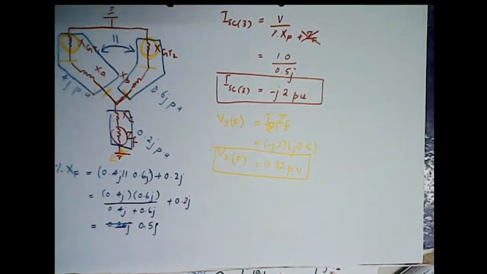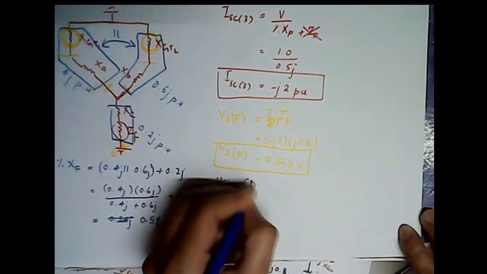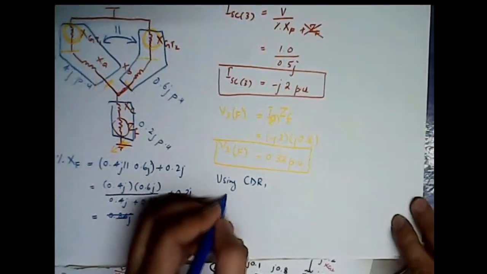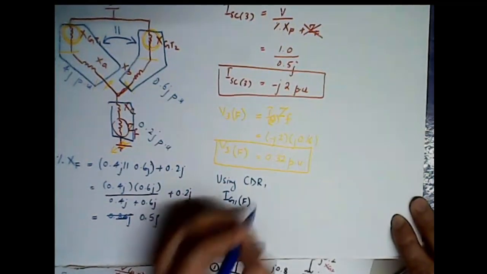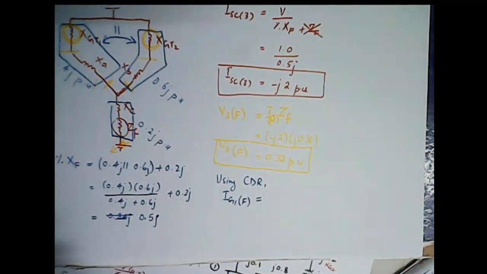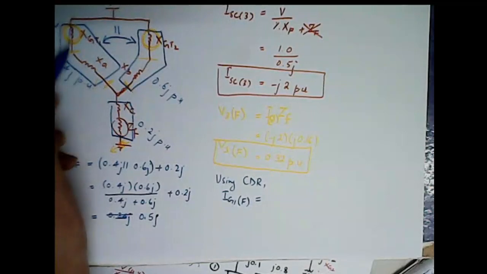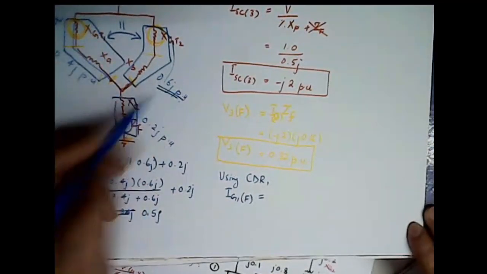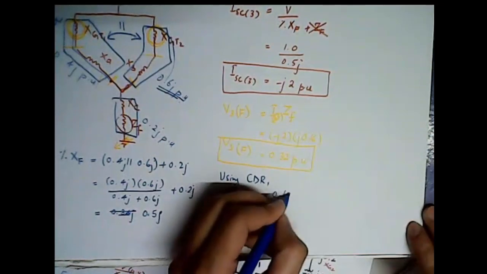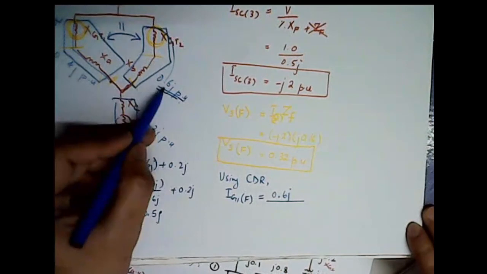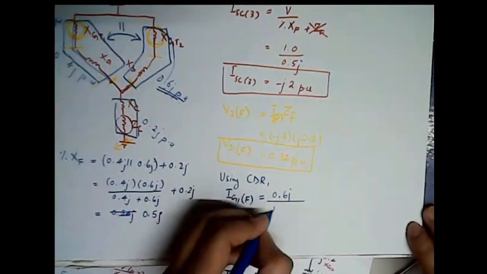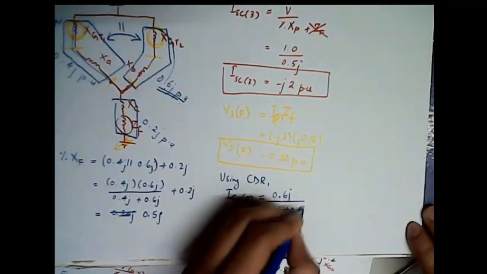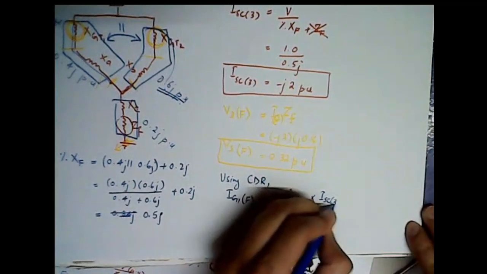So now let's apply CDR. We know the total current, the fault current is what? Minus 2J. So using CDR, that is current divider rule, the current from generator 1 in case of fault will be equal to what? The opposite impedance. This is generator 1 path we are talking about. So in numerator we will have the opposite impedance, which is 0.6J, divided by the total impedance 0.6J plus 0.4J times the total current, which is ISC3, right?